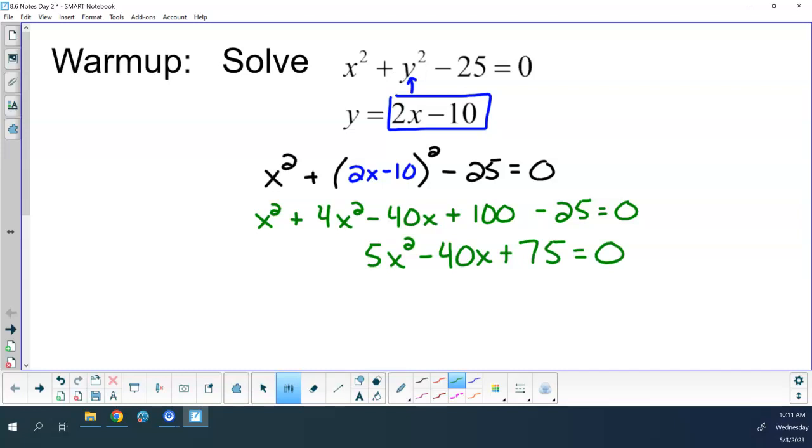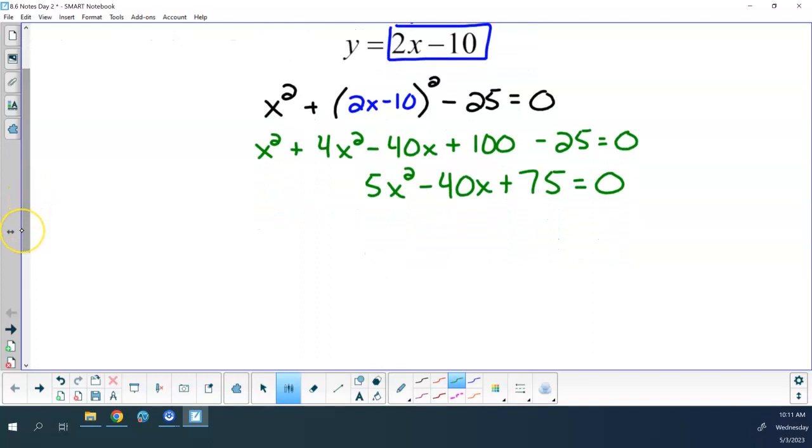All of them end in a 5 or a 0, so that means we can factor out a 5, divide everything by 5. That gives me x squared minus 8x plus 15 equaling 0.